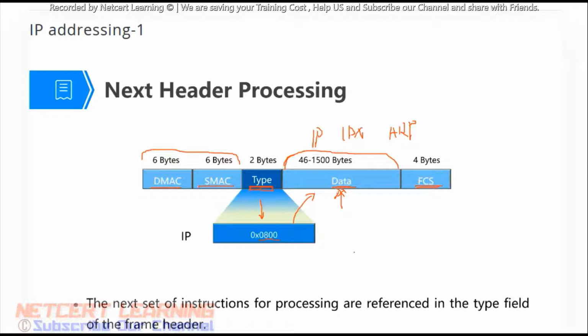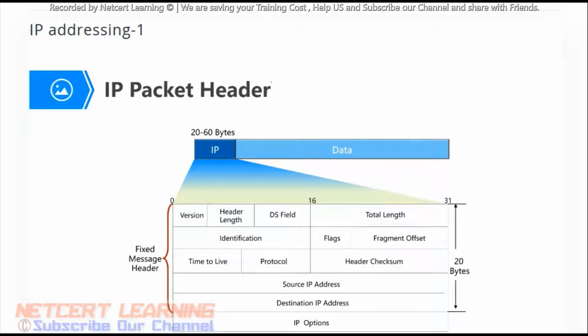Then what is contained in the IP packet? You can see, this is the IP packet. Of course, this is contained in the layer 2 frame. This is the FCS, and this is the type. Of course, before the type there are the destination MAC address and the source MAC address.